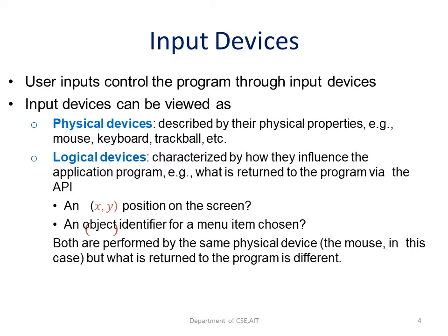For example, we can use the mouse, a physical device, to select a location on the screen of our CRT or to indicate which item in a menu we wish to select. Each use shows a different logical input function. In the first case, an XY position is returned to the user program. In the second, the application program may receive an integer identifier which corresponds to an entry in the menu.